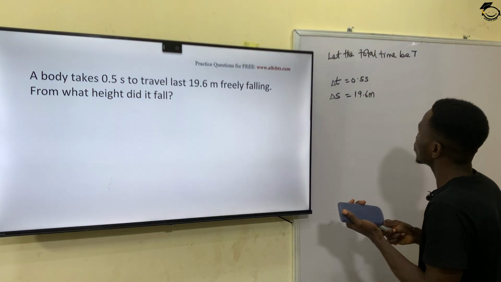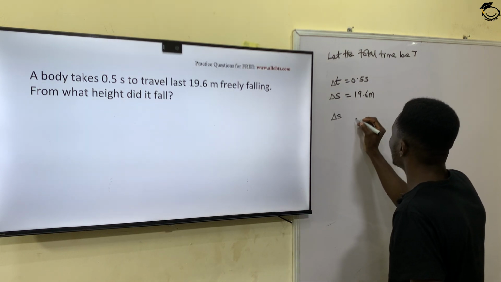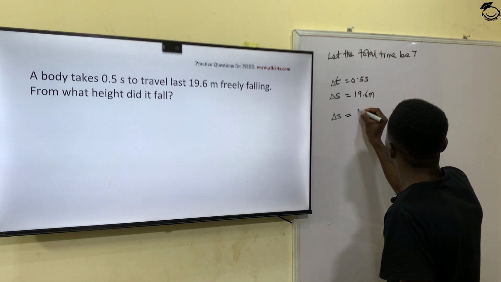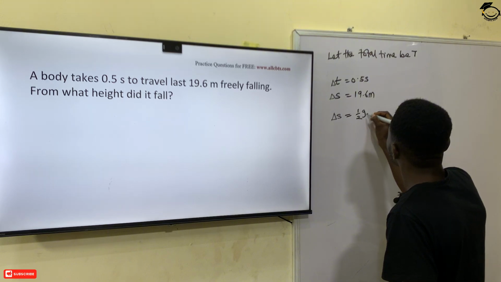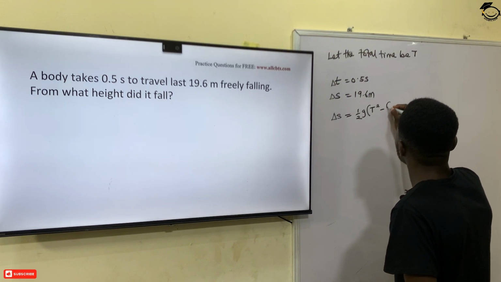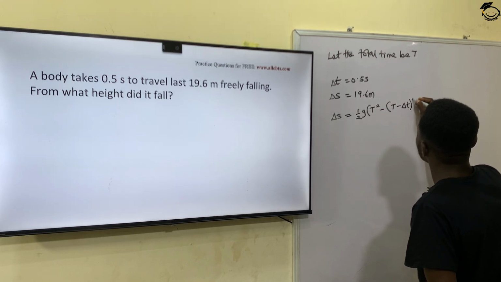So with this, we know that the distance covered in this 19.6 meters would be equal to 1 over 2 g, open bracket, T squared minus T minus change in t, squared.